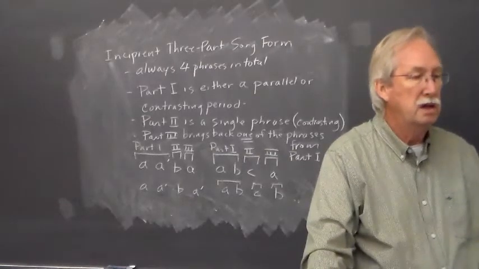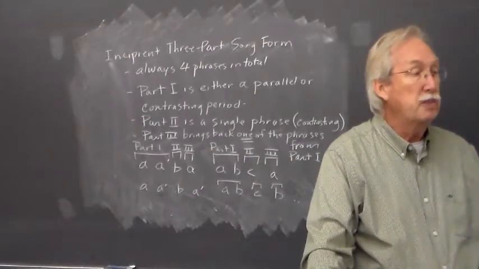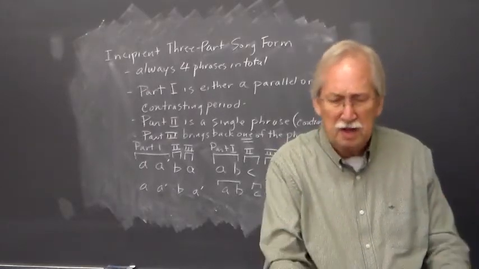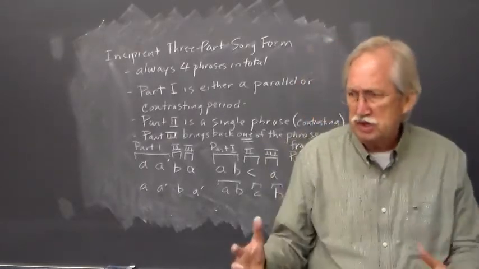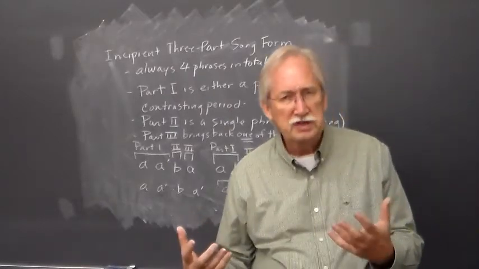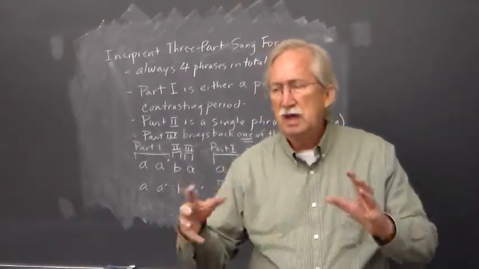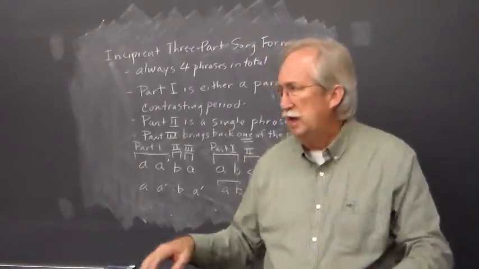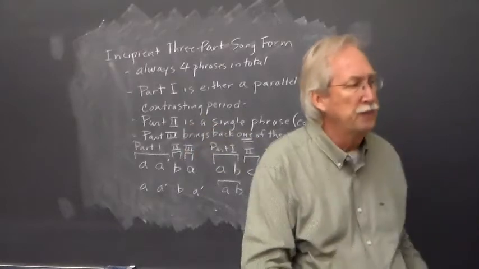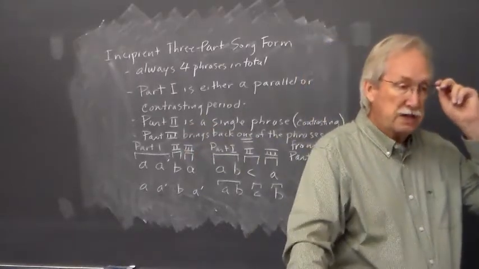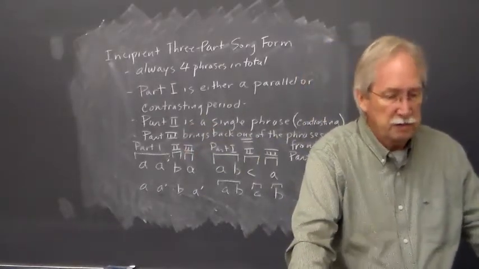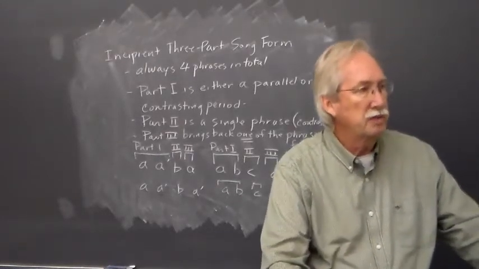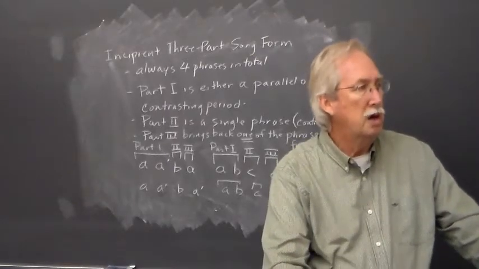All right. The final example is, and we'll see a lot of examples of this, a typical way of constructing a theme, like in a rondo movement. You know, the rondo A theme might be composed that way, that it would be four phrases in total in this incipient three-part construction. So this last example is from the last movement of the Mozart D major sonata, K. 284.